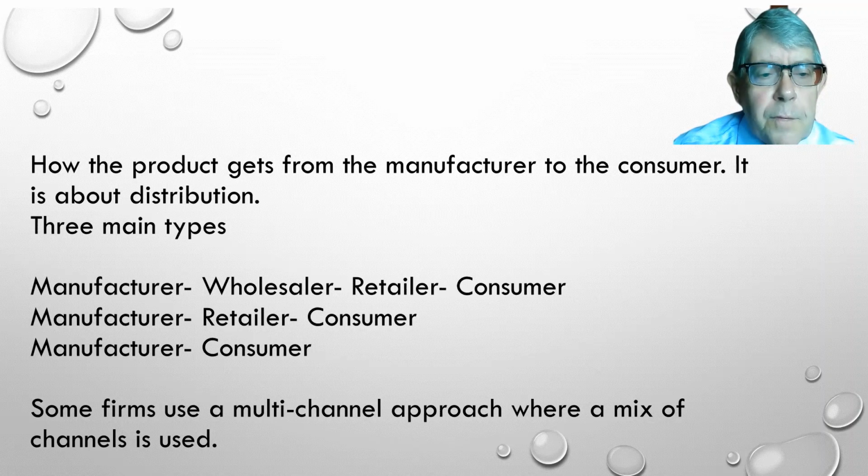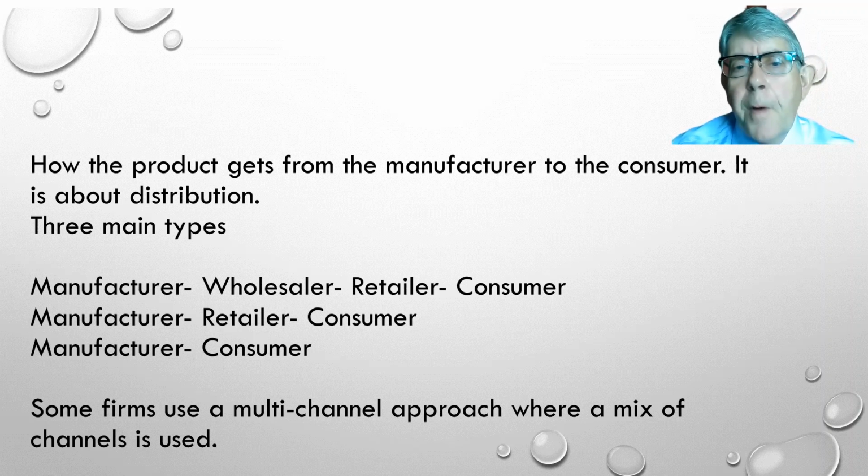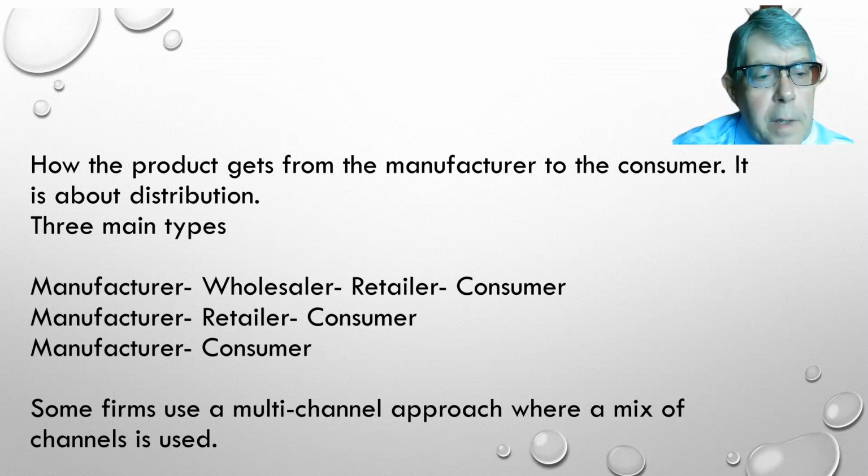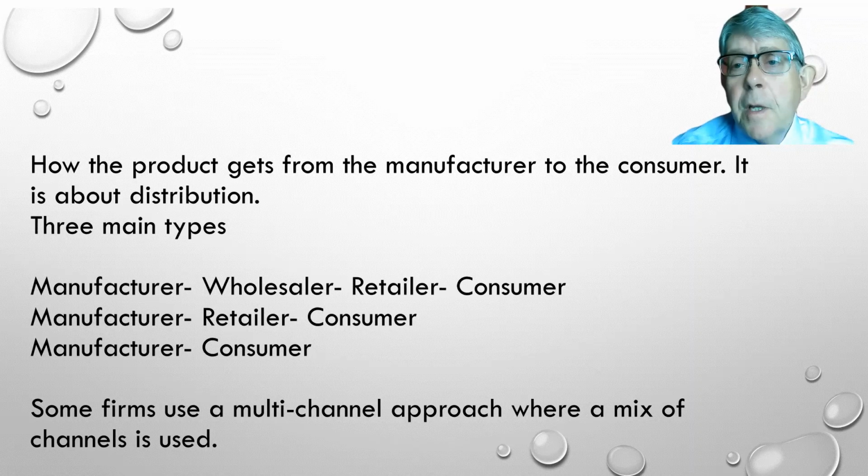With the growth of the internet, manufacturers have found that they can cut out both the wholesaler and the retailer selling directly to the consumer, so they enjoy a bigger markup. Some firms would use a multi-channel approach where there is a mix of channels used. A really good example of that is Ann Summers, who have a retail operation, a party plan operation, and also sell products over the internet.